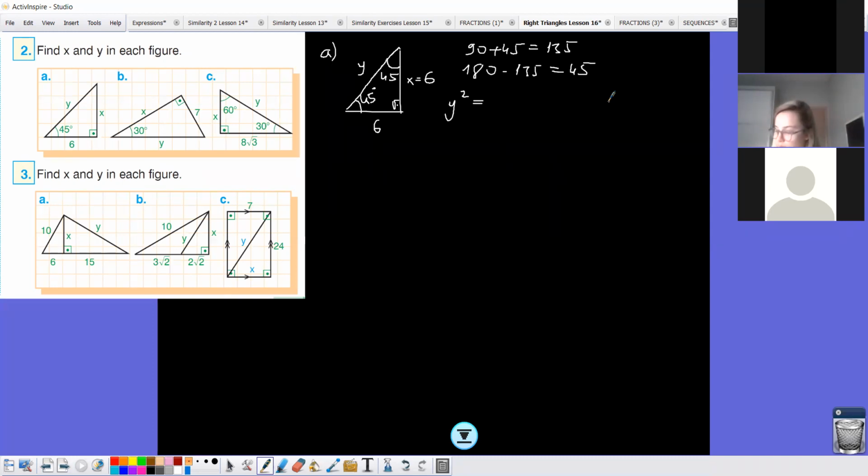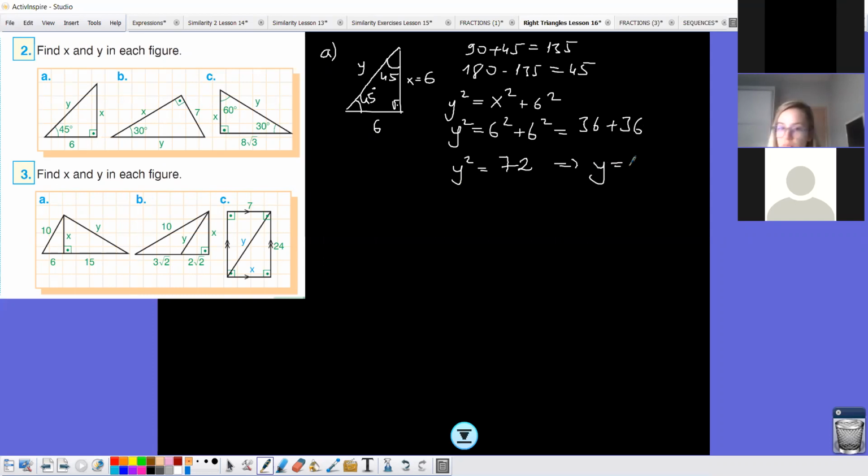Yes, Alexander, y squared is equal to x squared plus 6 squared. So y squared is equal to 36 plus 36, because x is 6. Then y squared is equal to 72. Then y is equal to the root of 72.